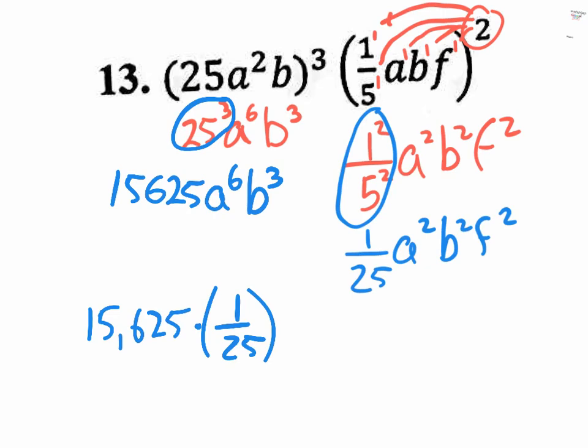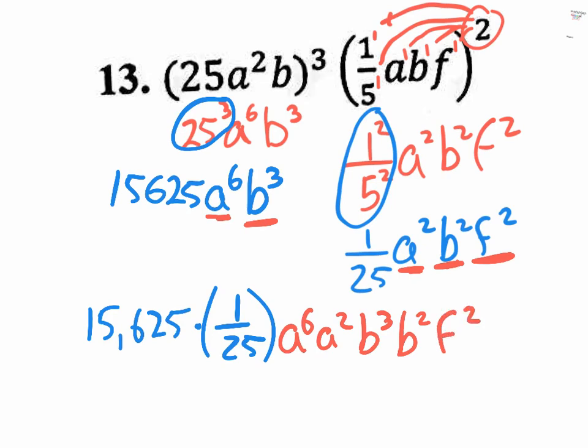But let me write the rest. This a to the 6th, I'm going to bring it down. And I'm going to bring down the a squared. Then I'm going to bring down this b to the 3rd, and this b squared. And last but not least, that f squared, bring it down. So on a calculator, if you go 15,625 and you divide it by 25, that's the quickest way to do it.